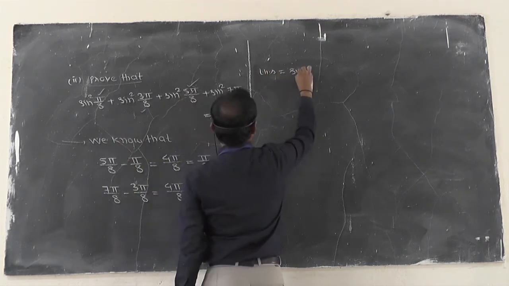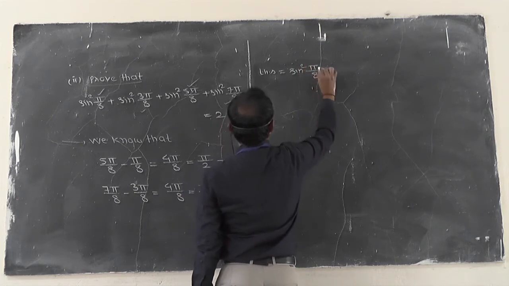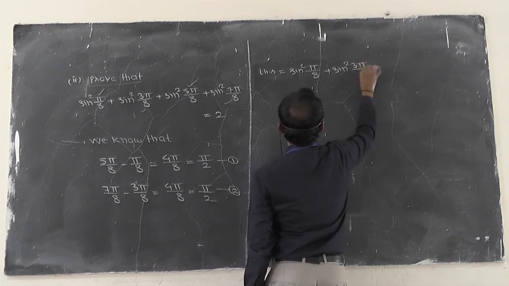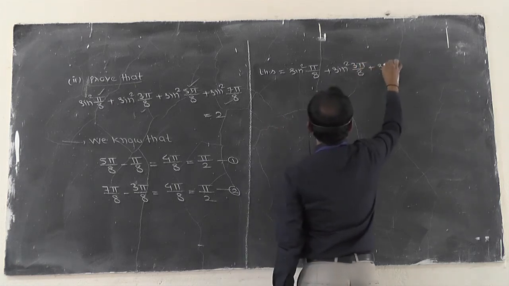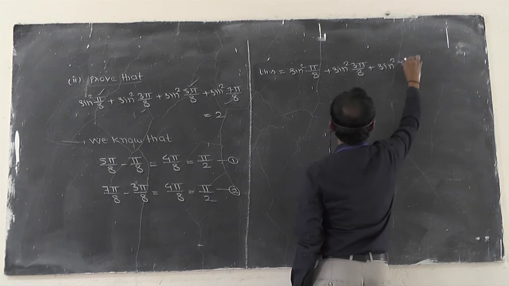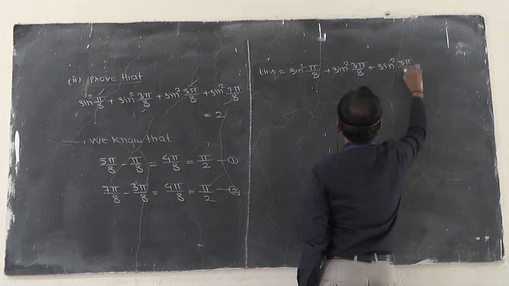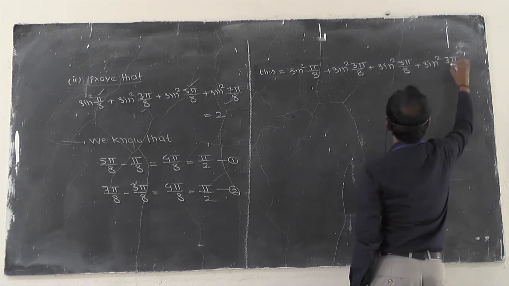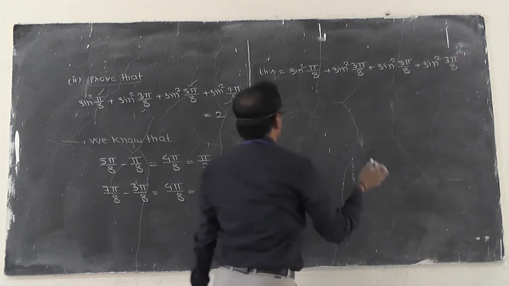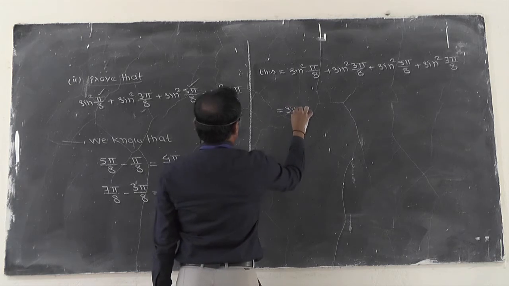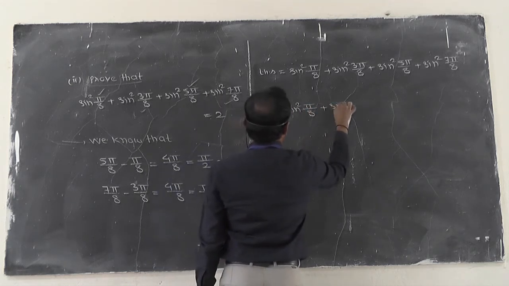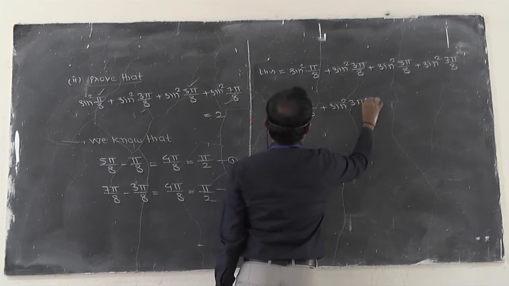LHS is sine square pi by 8 plus sine square 3 pi by 8 plus sine square 5 pi by 8 plus sine square 7 pi by 8. The first two quantities I will write as they are: sine square pi by 8 plus sine square 3 pi by 8.